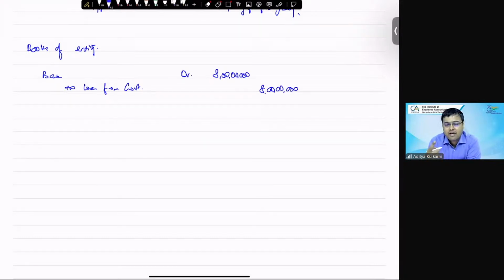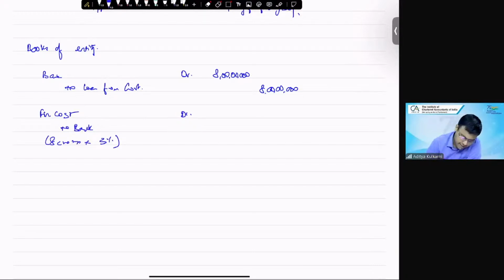And then every year you would have interest at 3%. Finance cost debit. If it's paid every year, then finance cost debit to bank, 8 crores into 3%. So that would be how much? 24 lakhs. So this would go on, and in the end you would repay 8 crores and finish it. Okay, this is what used to happen.